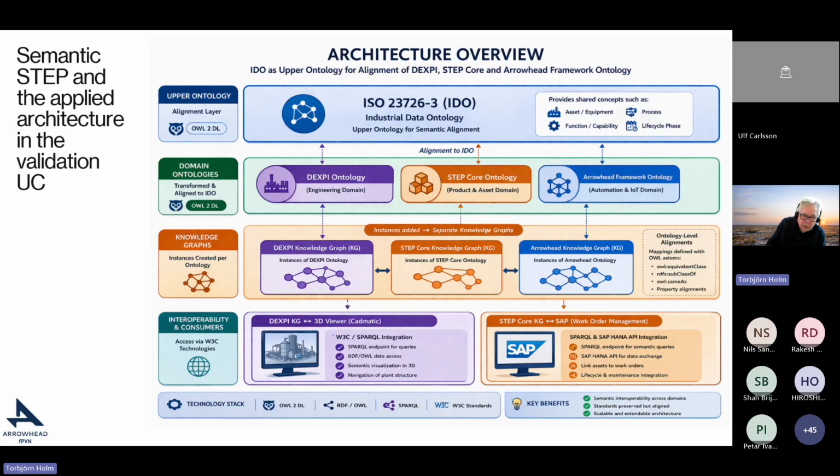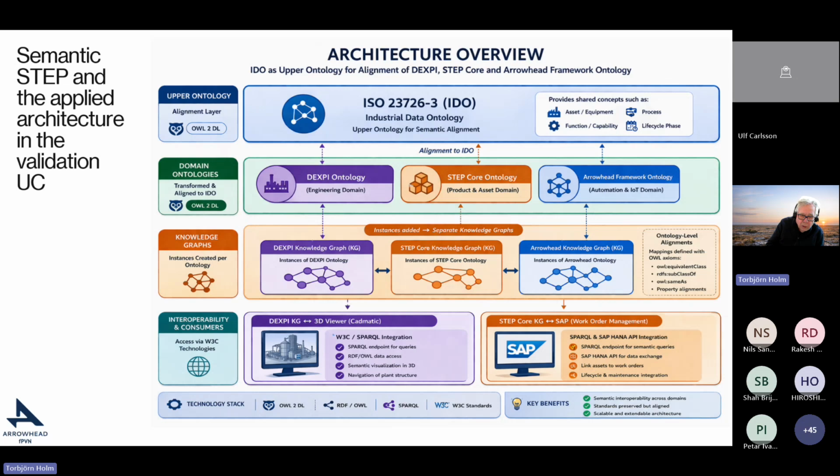We have also integrated 3D viewing using the semantic tool, where we have a 3D view of this instance data. So we can click on something in 3D and get immediately into the instance data.